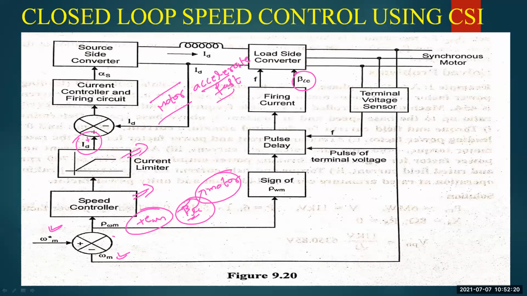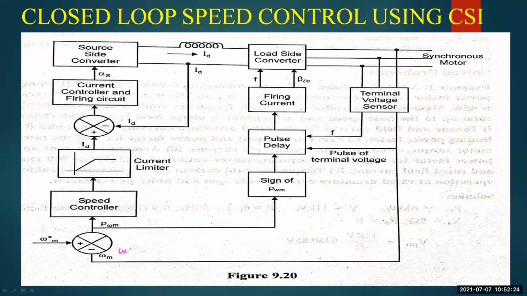When close to the required speed, omega m star is almost equal to omega m. When close to the required speed, the current limiter desaturates. Understood?